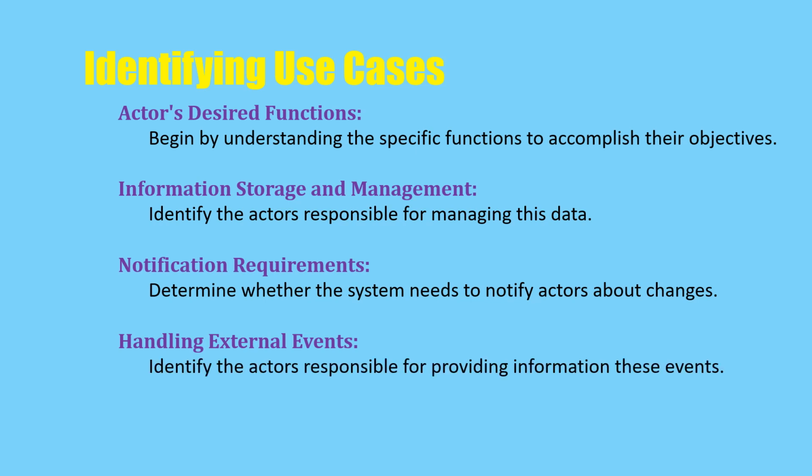Handling external events: identify any external event or input that prompts system actions, and the actor responsible for providing information or triggering these events. For example, a weather forecasting system may receive updates from external sensors with meteorologists contributing input on weather patterns.